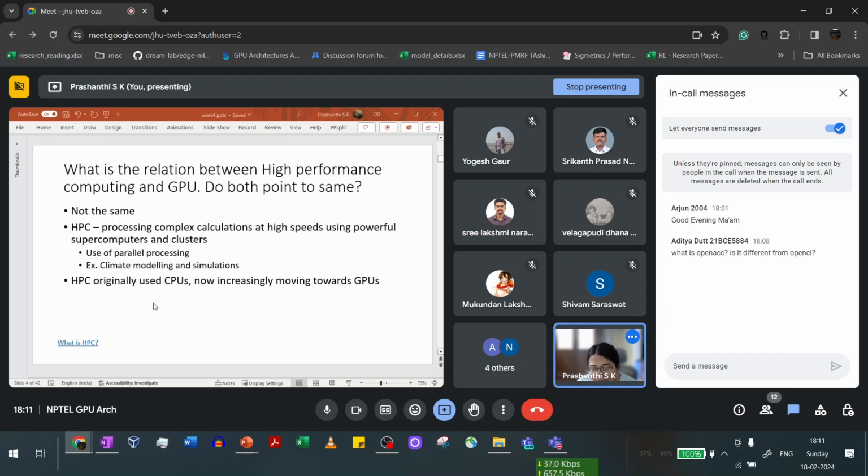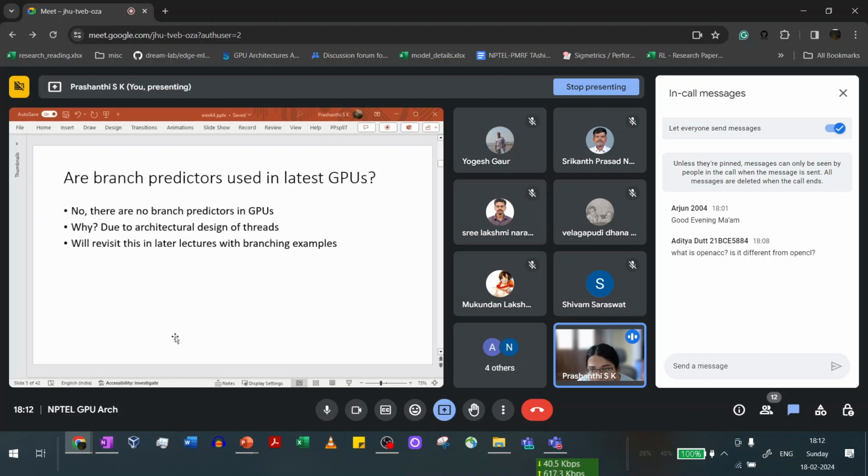Basically, apart from the original graphics workloads they were intended for, whatever workloads exhibit a high degree of parallelism, GPUs are well suited to those. So those are the two perspectives of looking at HPC and GPUs. Hope this gives you some idea. I've also put in a link to what is HPC for people who have never heard of it. Feel free to go look at this afterwards.